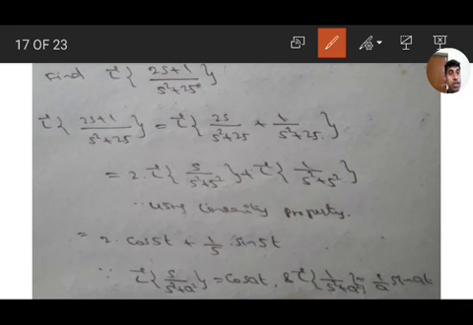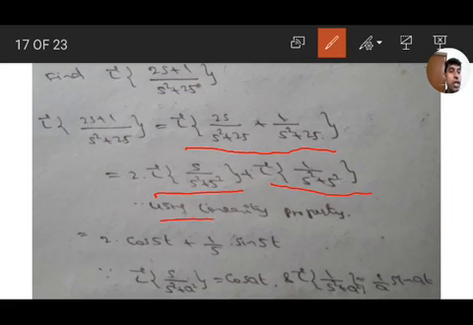Means two formulas here. Separate division: 2s by (s square plus 25) plus 1 by (s square plus 25). By linearity property, 2 is the coefficient, L inverse of s by (s square plus 5 square), L inverse of 1 by (s square plus 5 square). This is the formula: L inverse of s by (s square plus a square) is cos at.